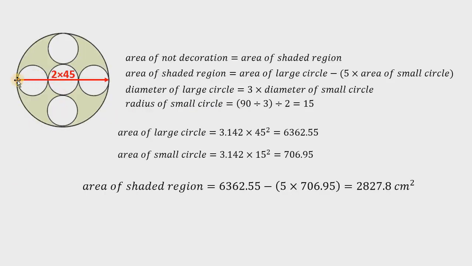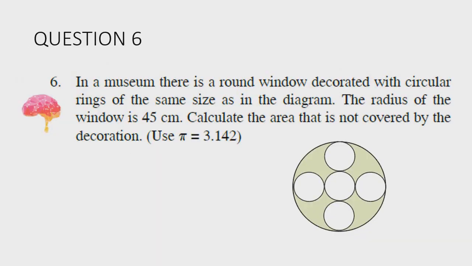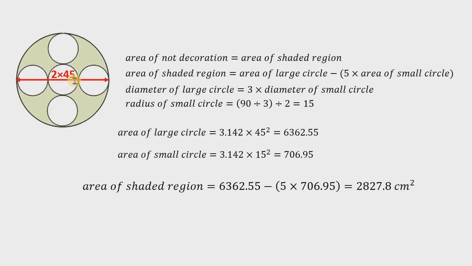That is why I say the total diameter of the bigger circle is 90. That is 2 times 45 because the question says there is a 45 radius for the window.